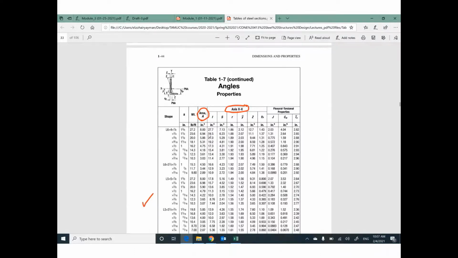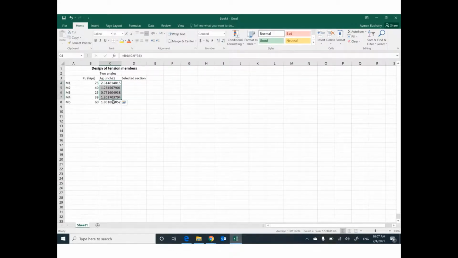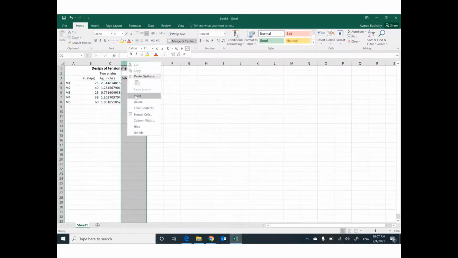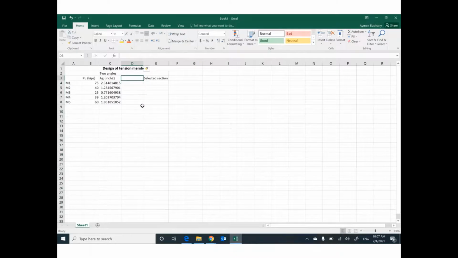When you select a member, you need to divide this number. Okay, let's do it. So area gross in inch square for one angle, to be more easy, I will divide this number by 2.